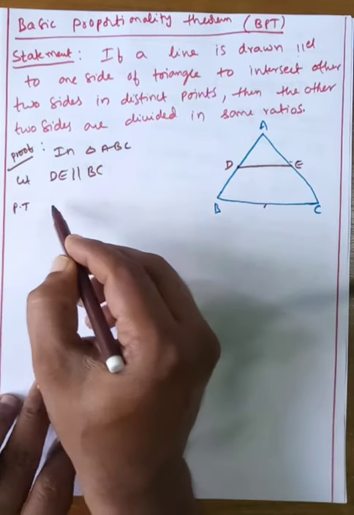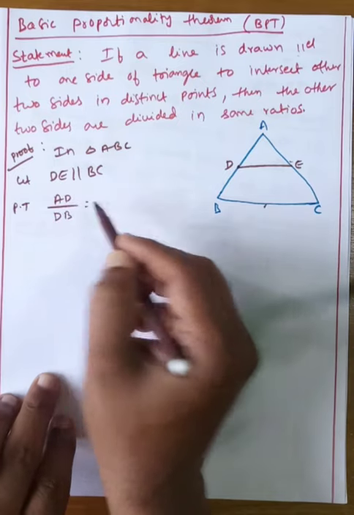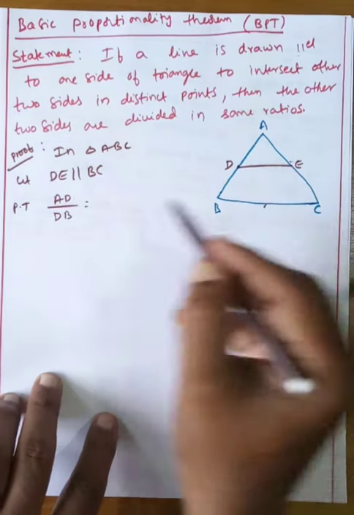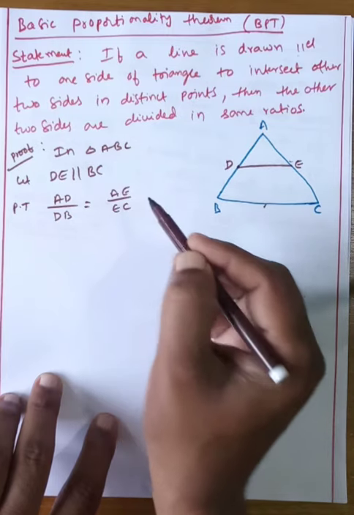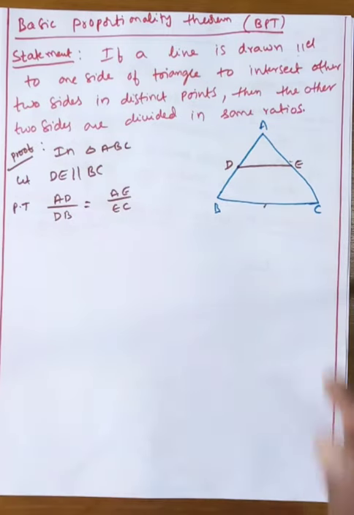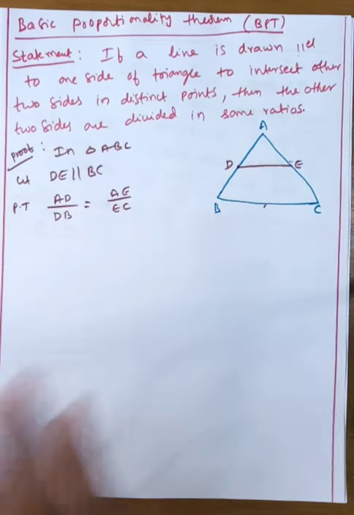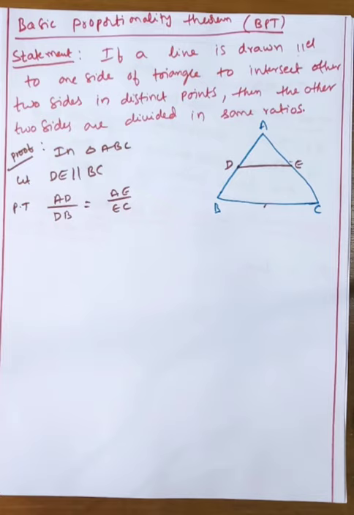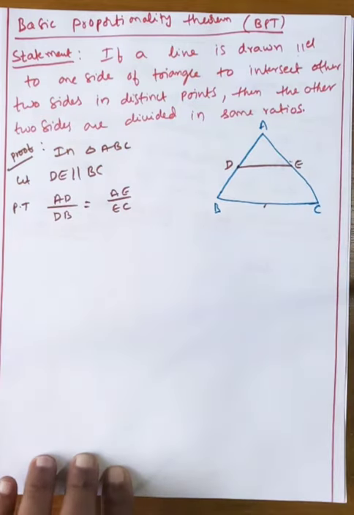What is the ratio? You have to prove that AD by DB is equal to AE by EC. Very, very important, my dear students. Whenever one line is parallel to the third side, the other two sides are divided in the same ratio, that is AD by DB is equal to AE by EC.